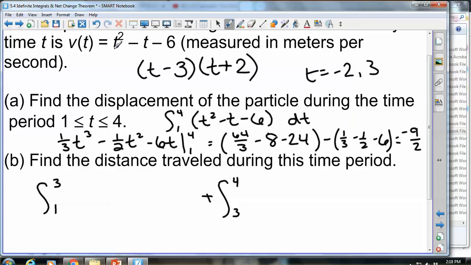If you're not sure, you could look at a graph, you could pick a number. If I plugged a 2 in this, do I get a positive or negative number out? It's a negative. So what do I do to make it positive?